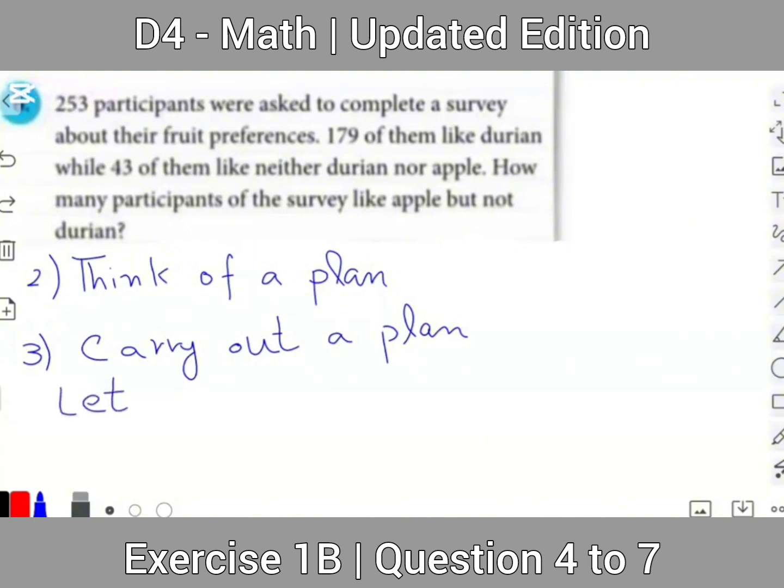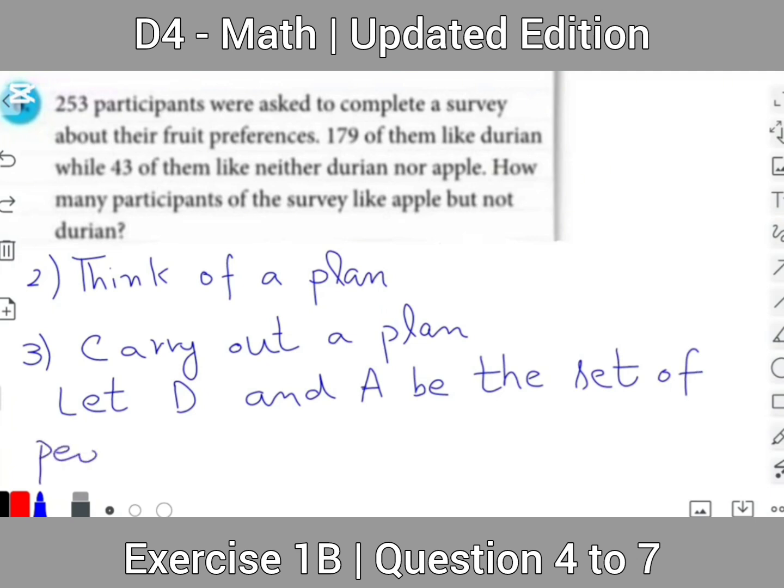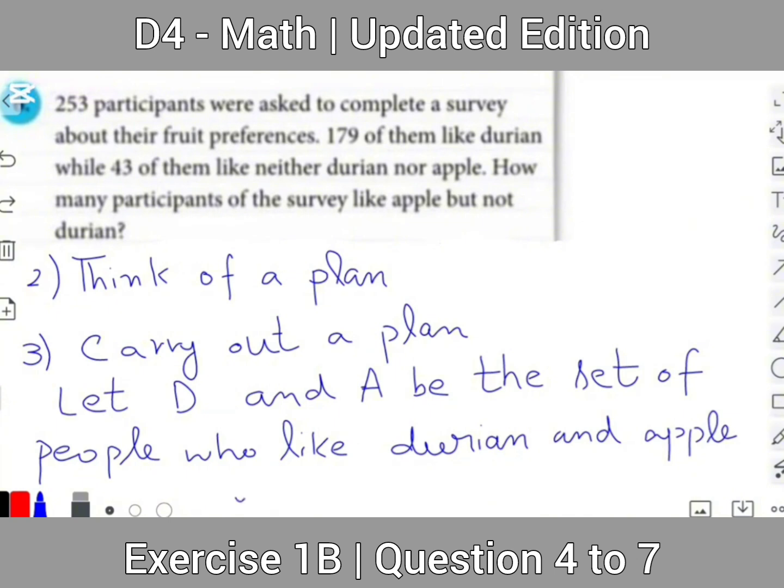Let D and A be the sets of people who like durian and apple, respectively.